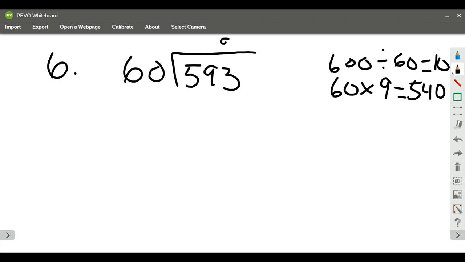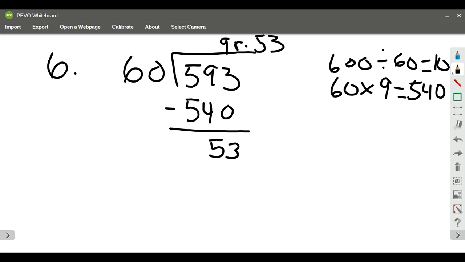So I'm going to put the 9 above the 3, and I'm going to multiply 60 times 9 and get 540. When I subtract, 3 minus 0 is 3, 9 minus 4 is 5. This answer works because 53 is less than 60, so my remainder is 9, remainder 53.